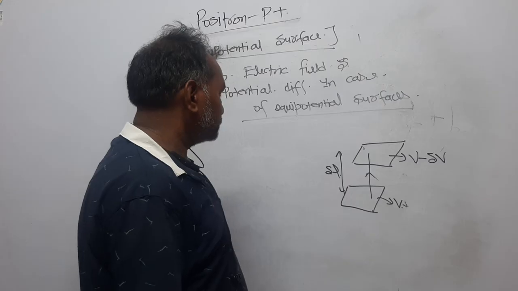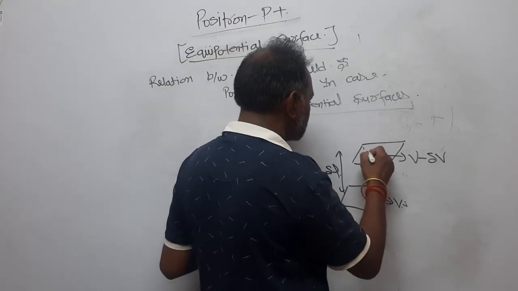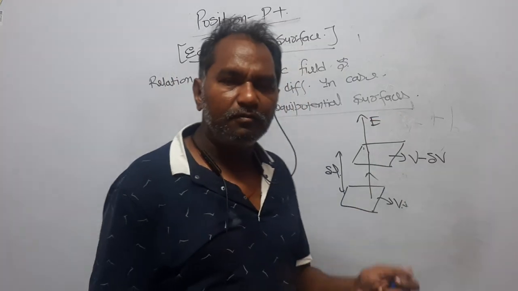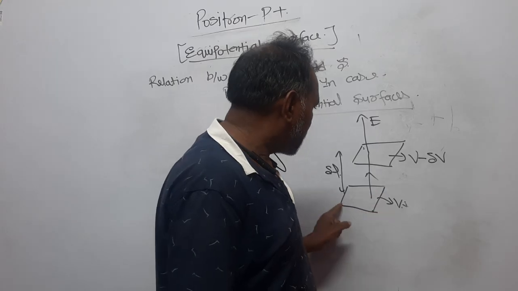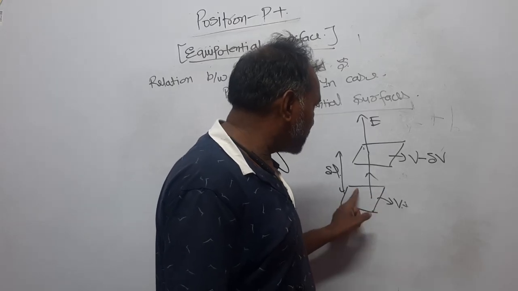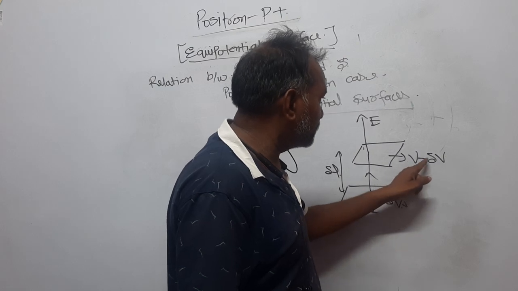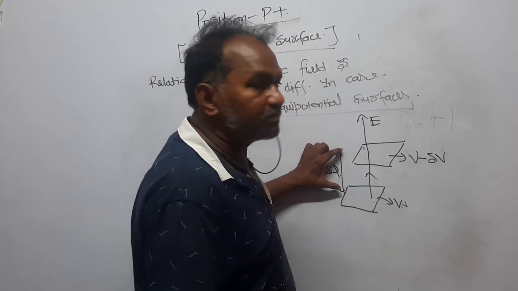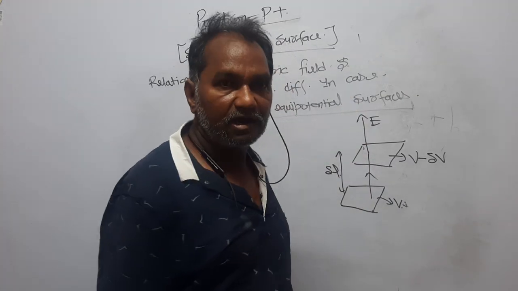Now, dear student, this is the direction of the field. This surface has potential V at each point of it, and this surface has a potential V minus del V at each point of it, and these two are separated by a distance del L. And this is the direction of electric field.